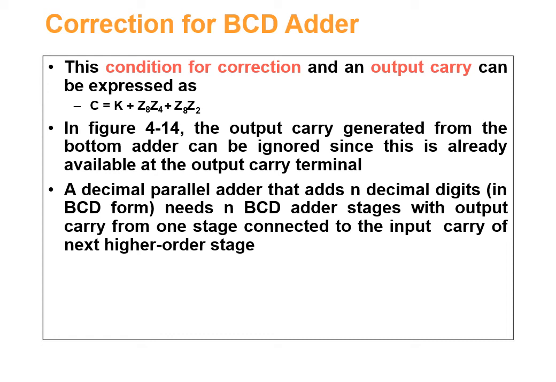The output carry generated from the bottom adder can be ignored since it supplies information already available at the output carry terminal. A decimal parallel adder that adds n decimal digits needs n BCD adder stages. The output carry from one stage must be connected to the input carry of the next higher stage.